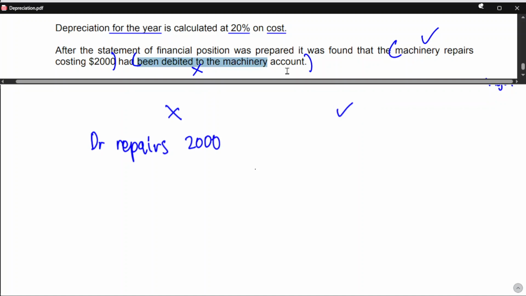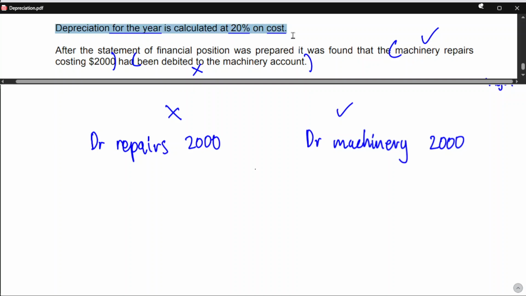What he did is debit machinery 2000. Then this machinery is also an asset. So he has a price for the asset. So the price is also known as cost.